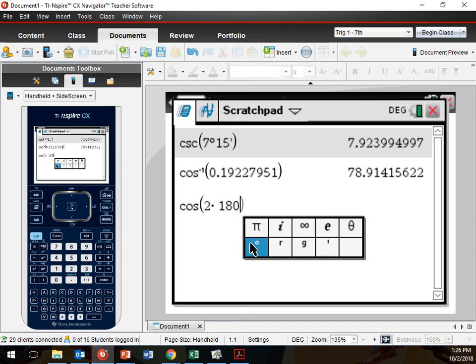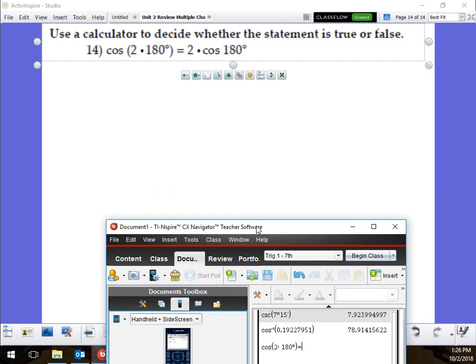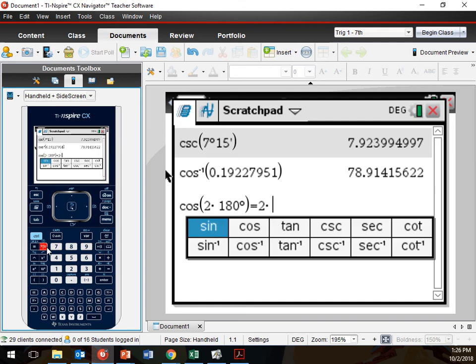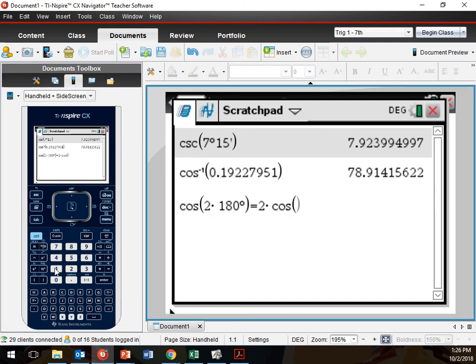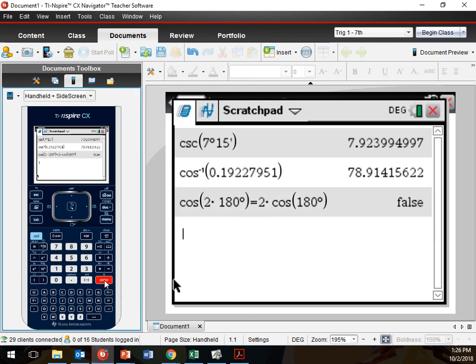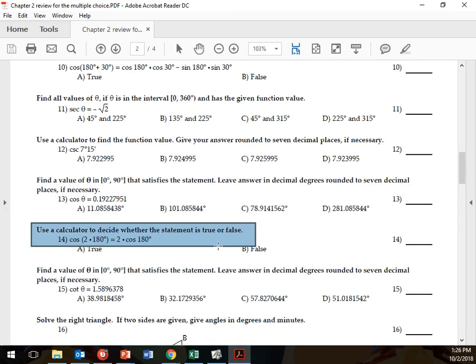Close equals 2 cosine 180. There we go. It says false. Good calculator.